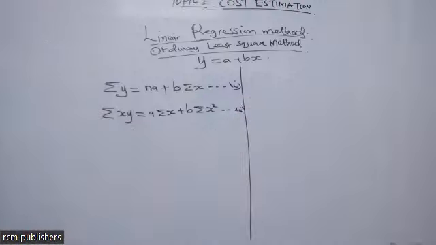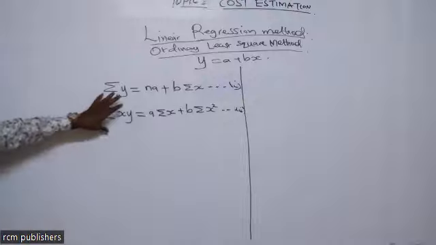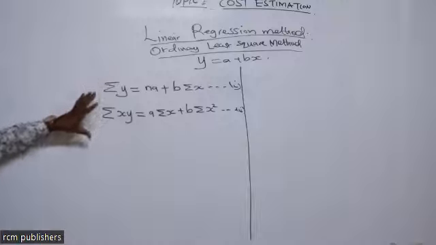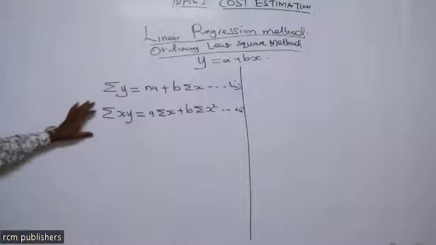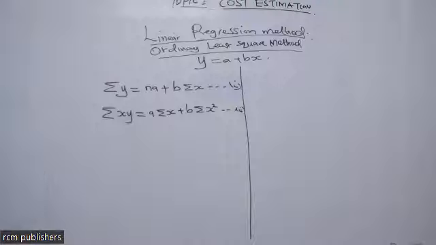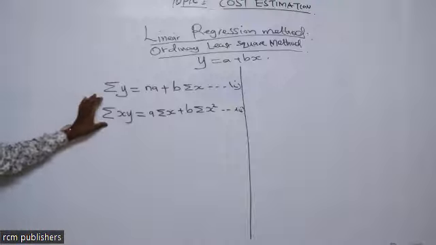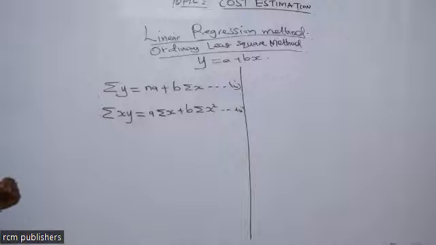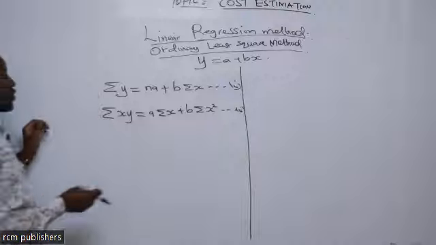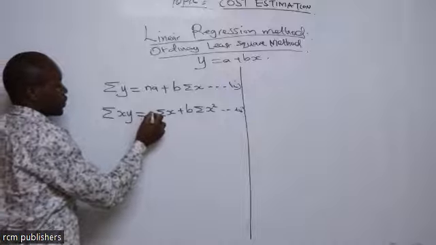So once you have that, we have formed a function which is now going to be solved using several methods. Remember, if you did QA, or if you did management accounting, you can recall the methods of solving simultaneous equations.